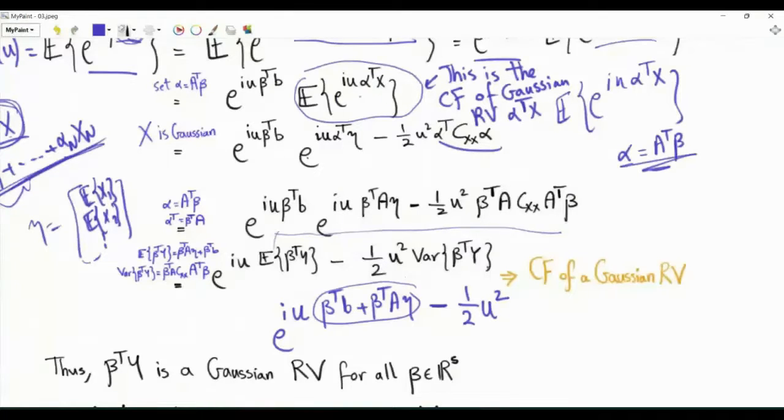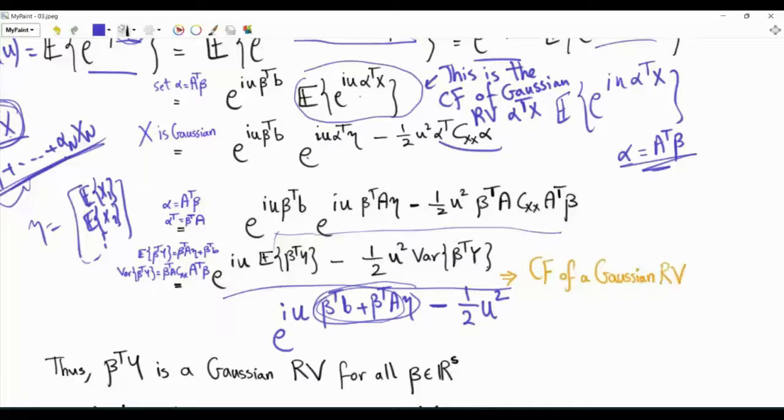So again, we have a uniqueness theorem regarding characteristic functions, which means that if you see this characteristic function, then you know indeed that the random variable is a Gaussian random variable. Did our result depend on a particular choice of the betas? No. For any collection of the beta values, we will obtain a Gaussian random variable, and this is the first moment, and this beta transpose A Cxx A transpose beta will be the variance.